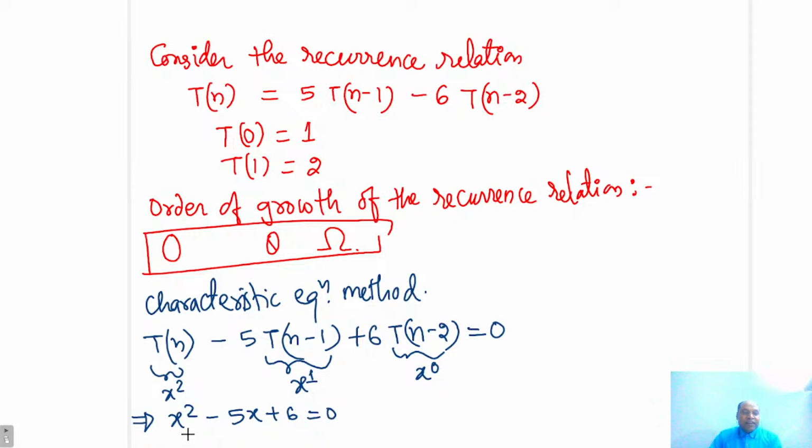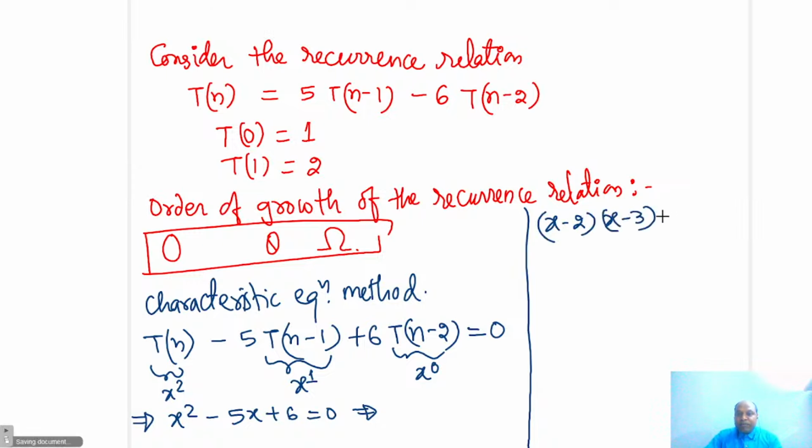If we try to solve it, we get (x minus 2)(x minus 3) equals 0. So the roots are 2 and 3.